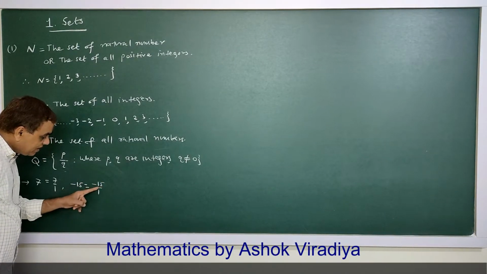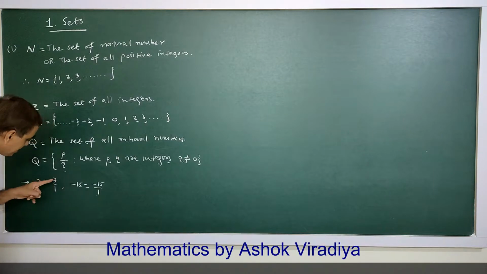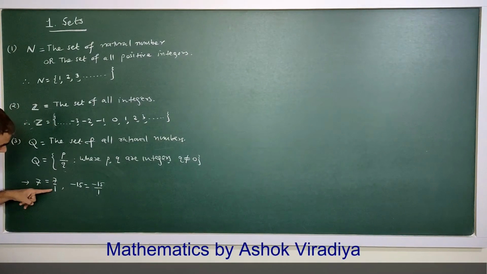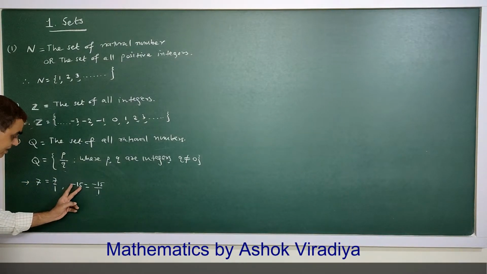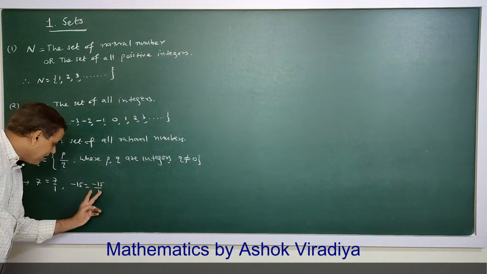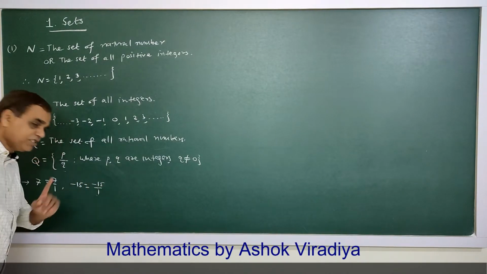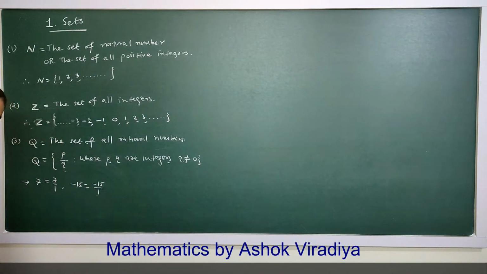So this number is P, this number is Q. So 7 can be expressed as P by Q. Minus 15 can be expressed as P by Q, where P and Q are integers, Q is non-zero. So 7 is a rational. Minus 15 is also a rational.